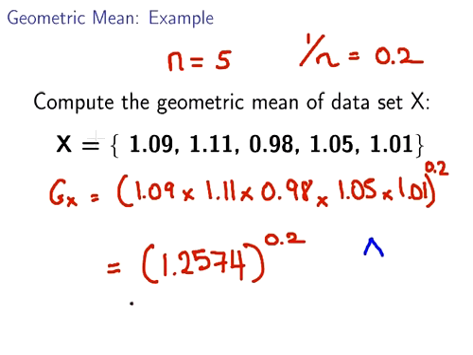Once we compute that out, we would get an answer of 1.0468. Again, I'm just working to 4 decimal places. You probably will get a longer number than that. I just decided to work to 4 decimal places. Anyway, that is the geometric mean of the data set x.